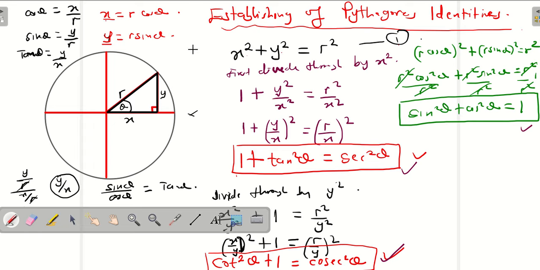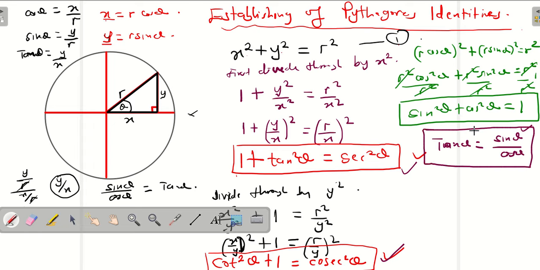So we can also generalize and see that tan theta is equal to sine theta over cos theta, and that is also another identity. So if you reciprocate, you are going to get cot theta, which is the reciprocal of tan theta, to be equal to cos theta over sine theta. That is also another identity.